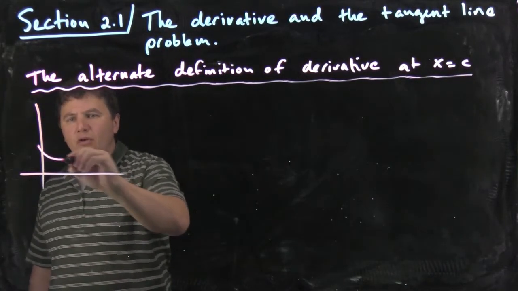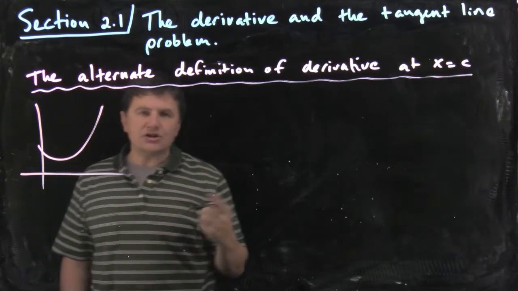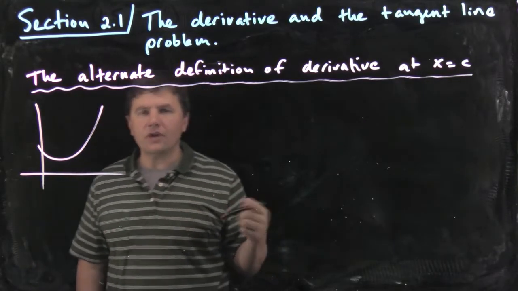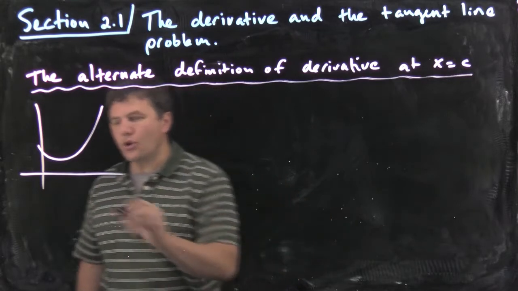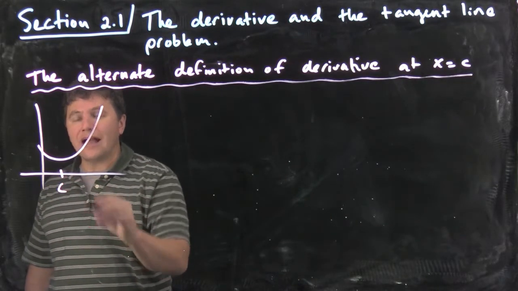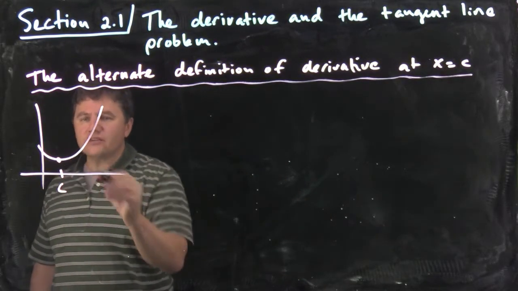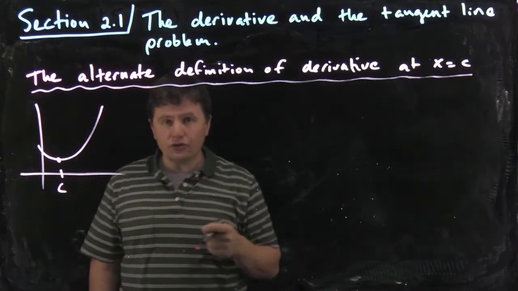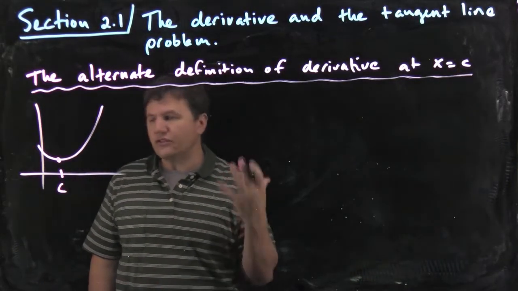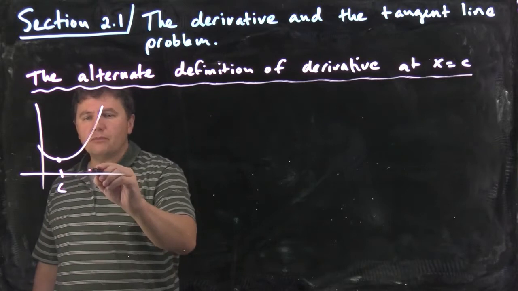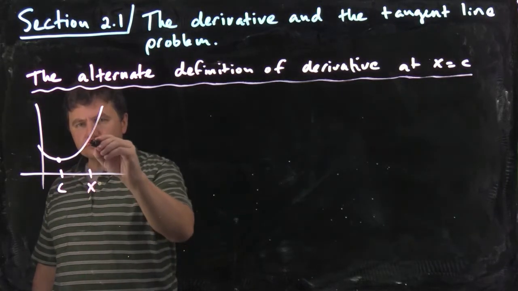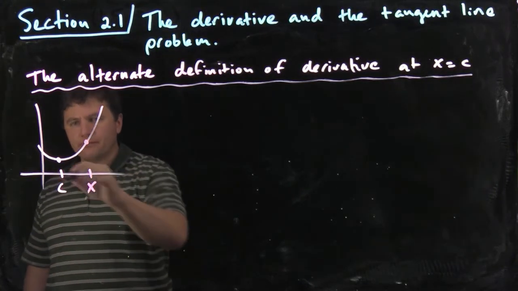The one thing to remember about the alternate definition of derivative is that it does not work as a function. You can't use it to get the derivative function. You can only use it to get the derivative at particular values. When you're asked to do the definition of derivative and you're given a value, this is much, much easier than doing the other form of the definition.